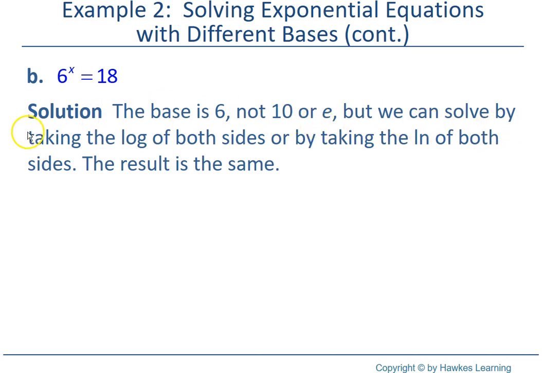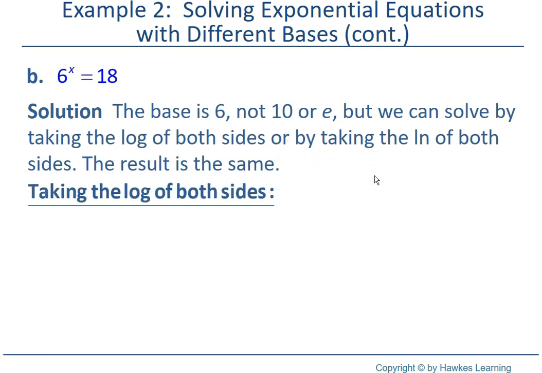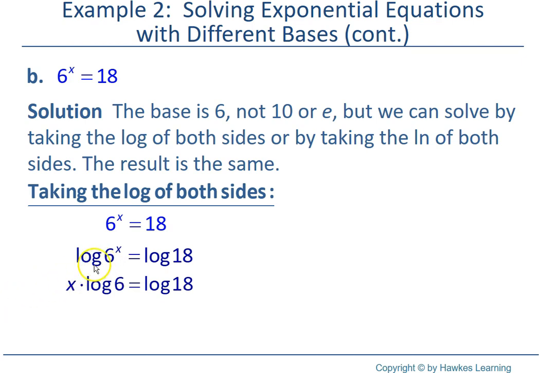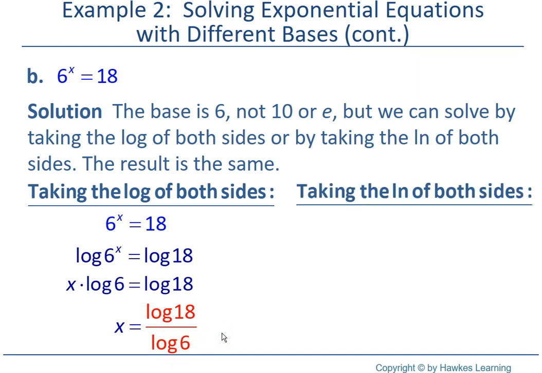But we can solve by taking the log of both sides. And let's see here. Okay. Now notice the log part didn't cancel out. We had to keep it because it's not base 10. So when we divide the log of 18 by the log of 6, and by the way, you could have taken the natural log of this as well.